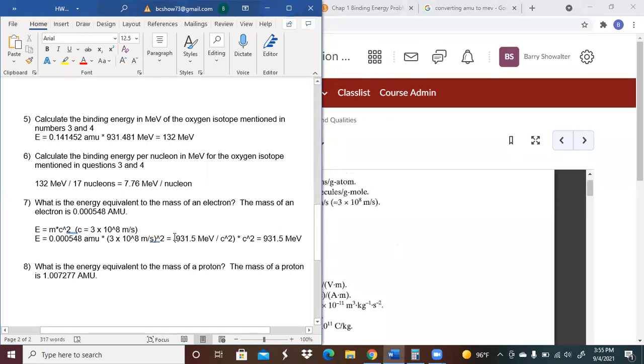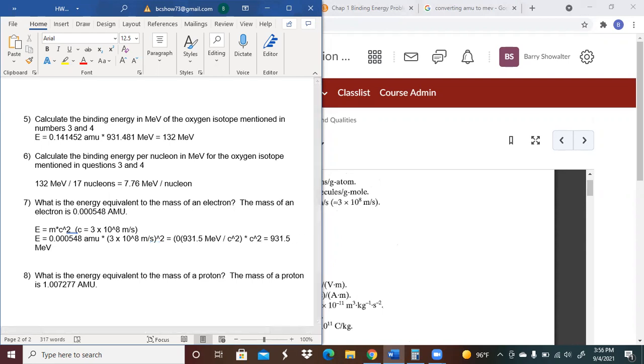I have to be careful here because we still have to multiply that by 0.000548. Technically, one atomic mass unit is equal to 931.5 MeV divided by C squared, so I'm multiplying this by a conversion unit.